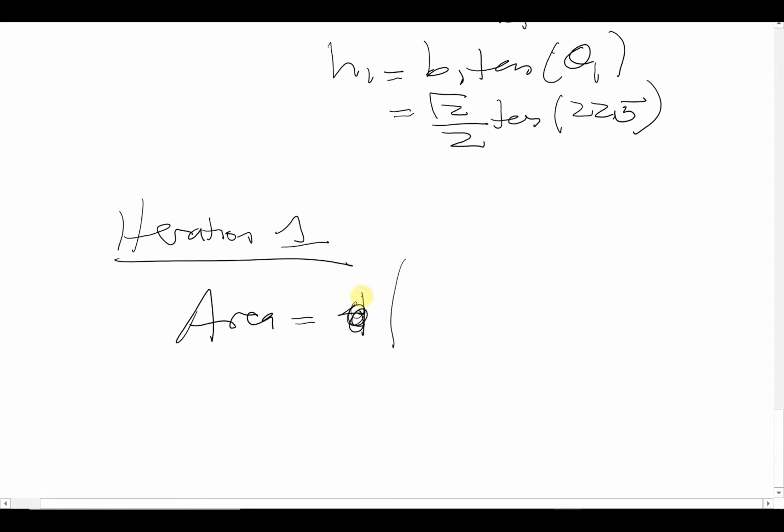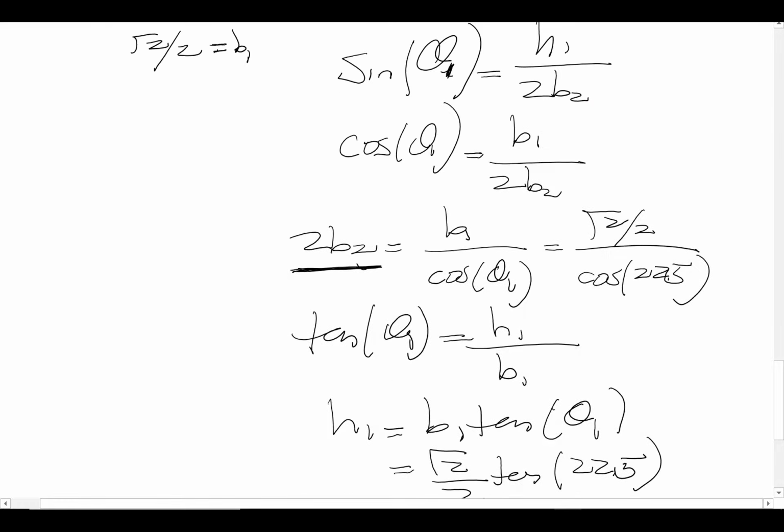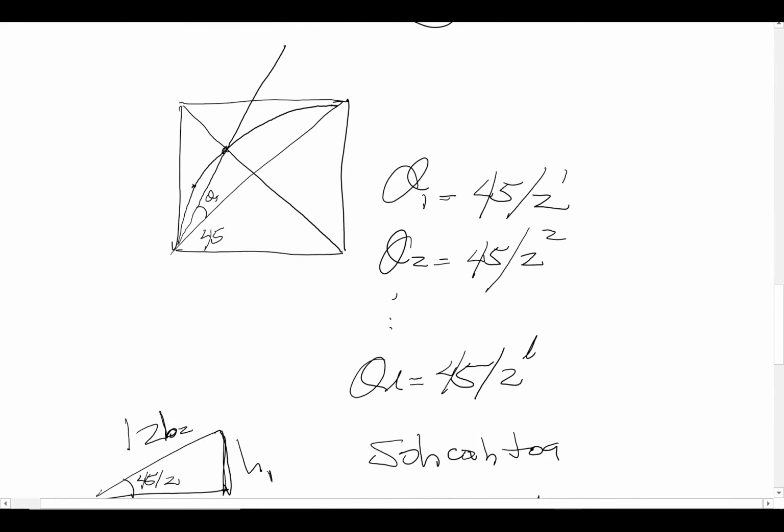This is going to be 2 to the 3 power times b1 h1 over 2. But to generalize this, we have 2 to the... essentially, if this is iteration 1, before, what did I do?